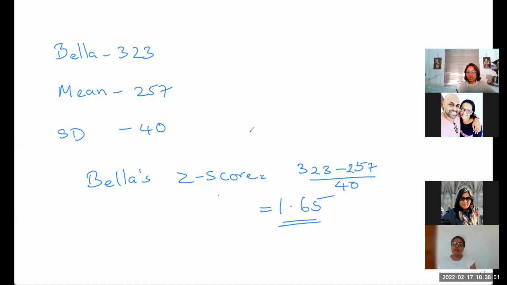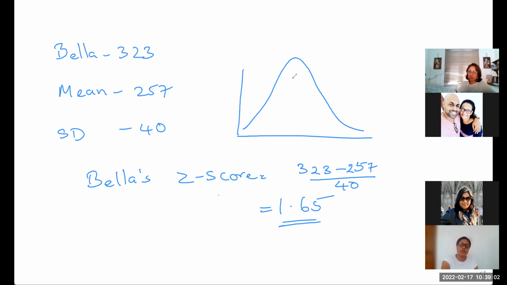So what does it mean actually? In a normal distribution of this cognitive function test, the mean is 257. Standard deviation is 40.